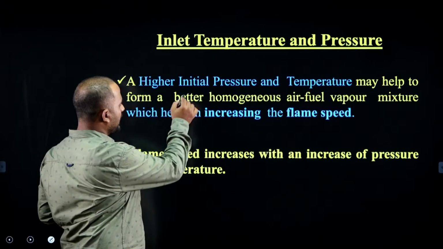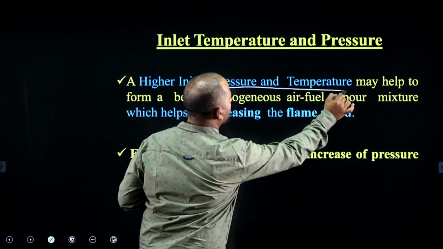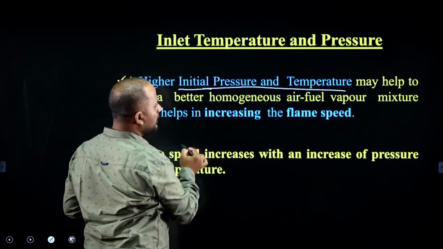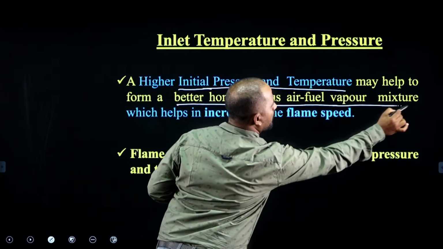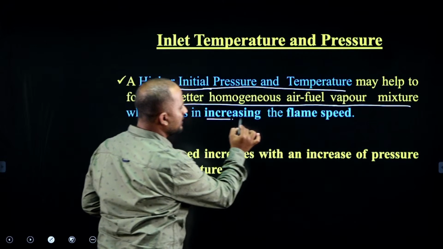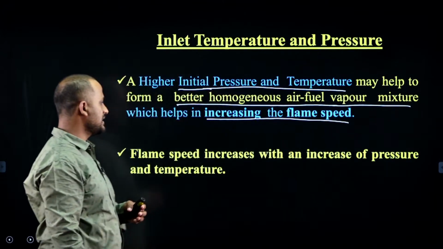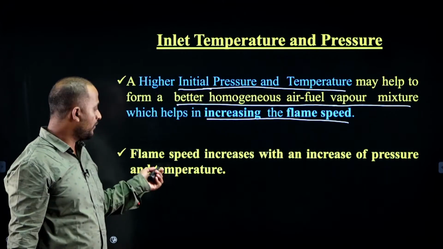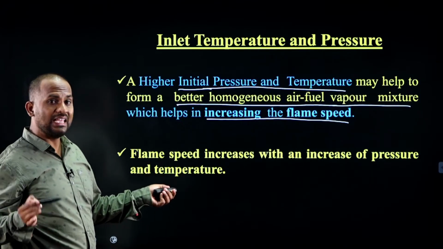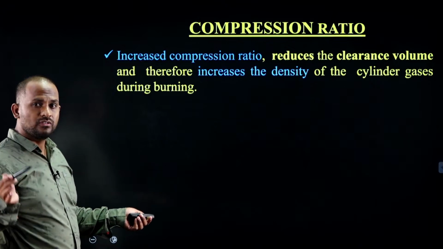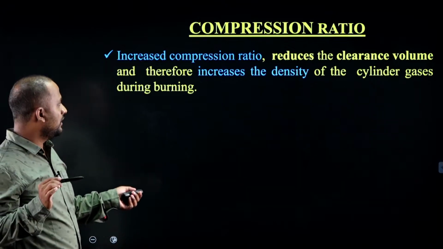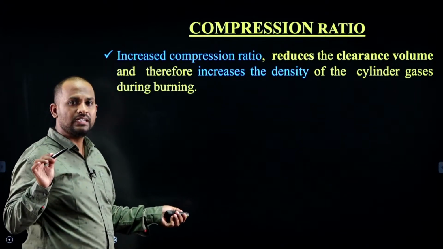If the initial pressure and temperature are high, it causes a better homogeneous air fuel vapor mixture, which increases the flame speed. So here flame speed increases with the increase of pressure and temperature. That is the effect of the inlet pressure and temperature.